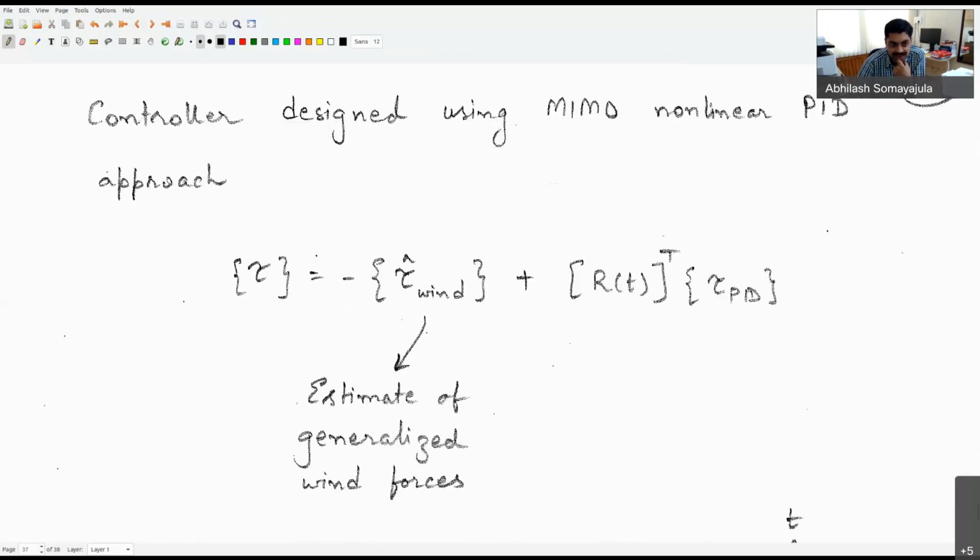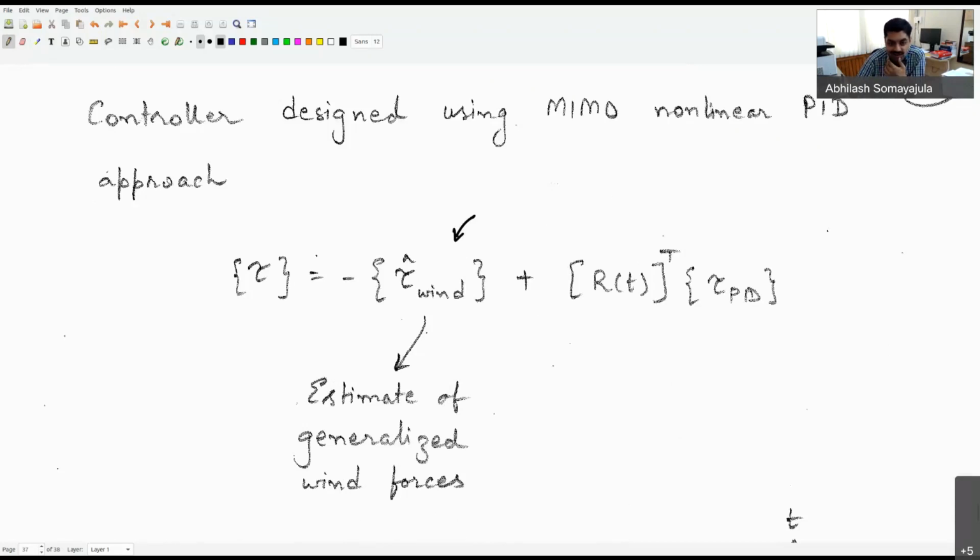Okay, so coming back to the idea of the controller, we are going to follow the same approach as we had seen before, using the MIMO-based nonlinear PID control technique, where the total control law will be a feed-forward term used for the wind. So we are estimating the generalized wind forces and opposing them based on wind measurements.